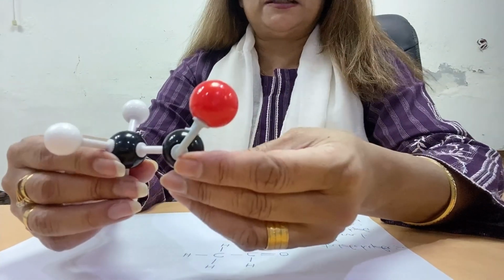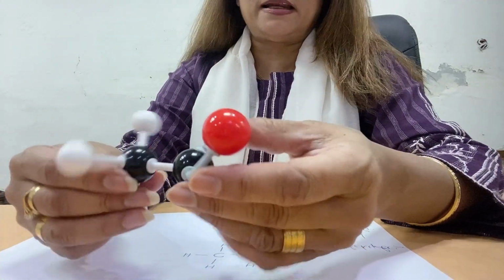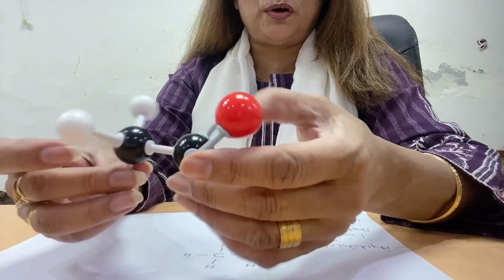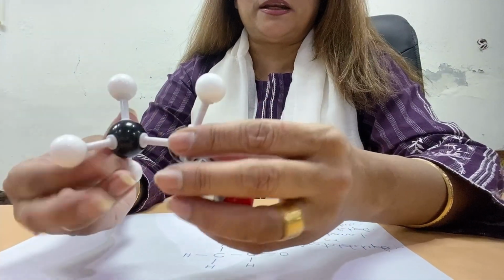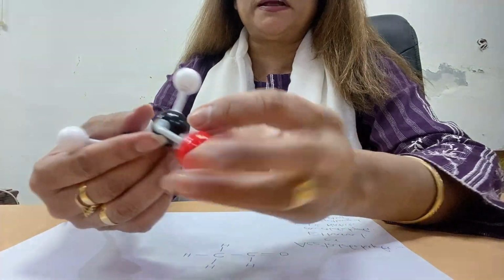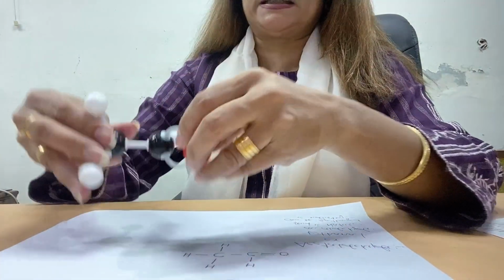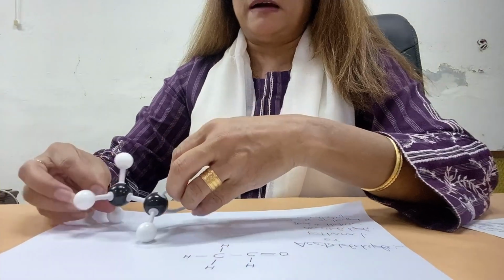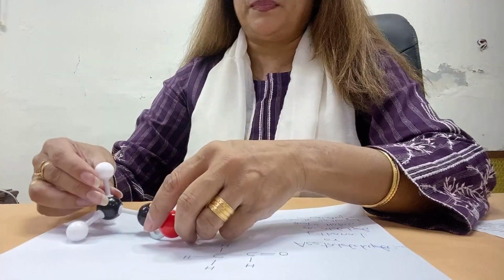As I just told you, it's an aldehyde, and it's found easily in nature, and it can be synthesized in industry, right? And it has many other properties also, which I will explain to you. Let's see the structure first.